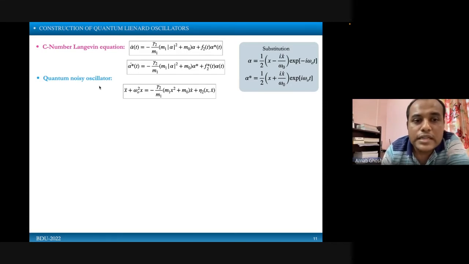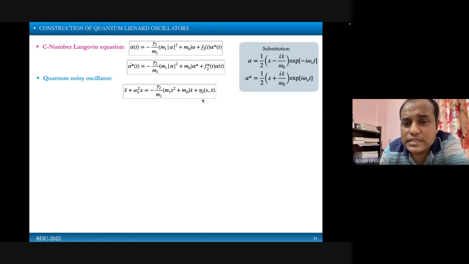Then we obtain oscillator equations of this form, which we call quantum noisy oscillators. They look very similar to the van der Pol and Rayleigh oscillators, apart from M0 and M1, which we have to choose so that it matches the standard form.